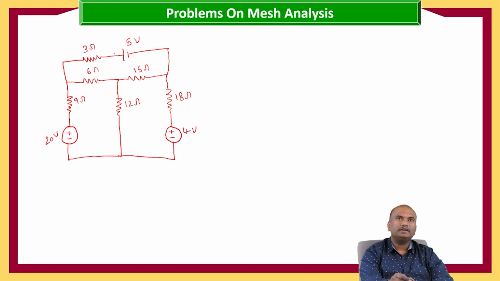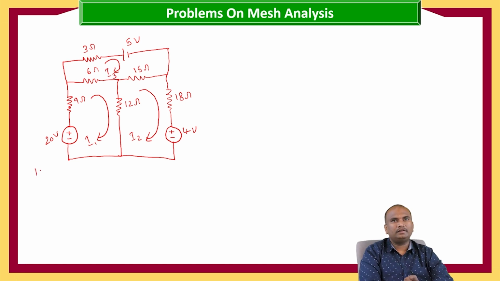In every mesh, there is a voltage source. This is a different case which we are going to get. Now, let us write the KVL in the meshes. Let us take the current direction as clockwise, I1, I2, and I3.